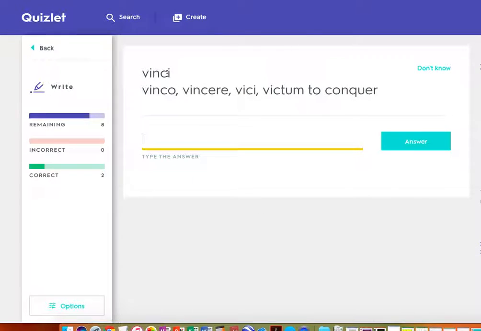Vinci ends with an I. I know that it's not the present active infinitive because it doesn't look like the second principal part. I know that if I'm going to make the perfect active infinitive, I'll see isse on the end of it. That makes this not that, and I also know that the perfect passive and the future active are each made up of two words built upon the fourth principal part.